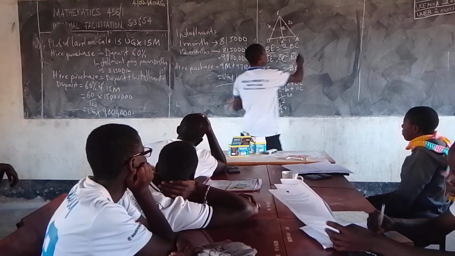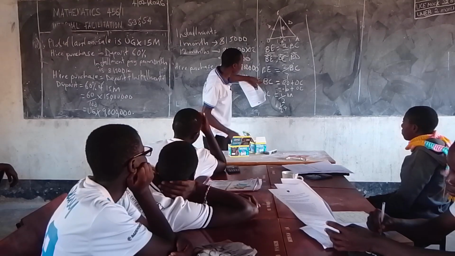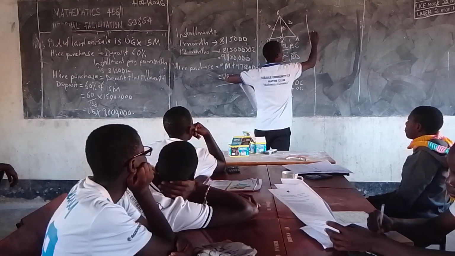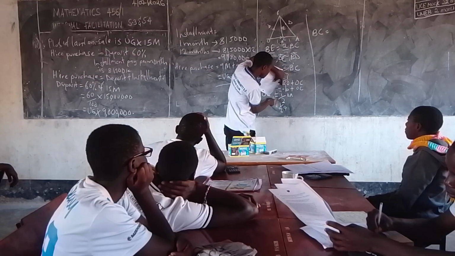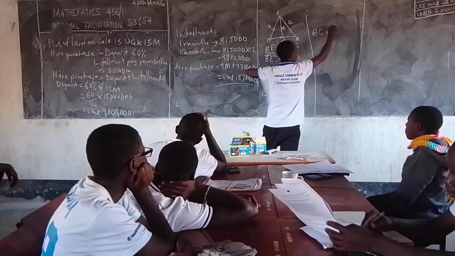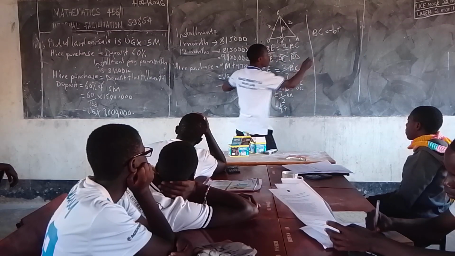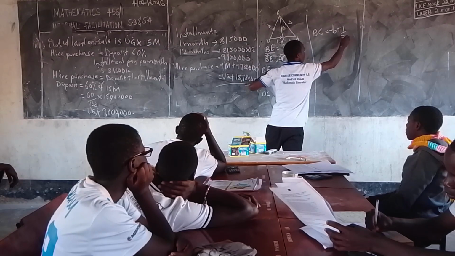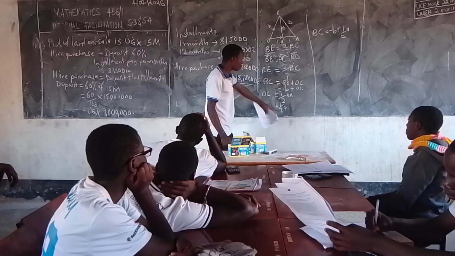Therefore, we can continue and look for our line BC. So our BC will be BO, which is negative B, plus our OC, which is a half A. And so this is our OC.